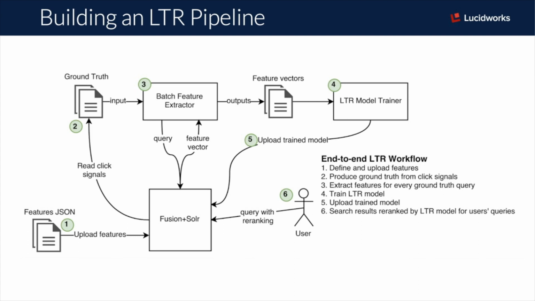Number 4, the feature vectors are then used to serve as input to the LTR model trainer. Number 5, once the model is trained, we upload it to Fusion. And 6, lastly, a custom Fusion query pipeline will handle future user queries. And when they query again, they'll see the results in the order provided by our learning to rank model.